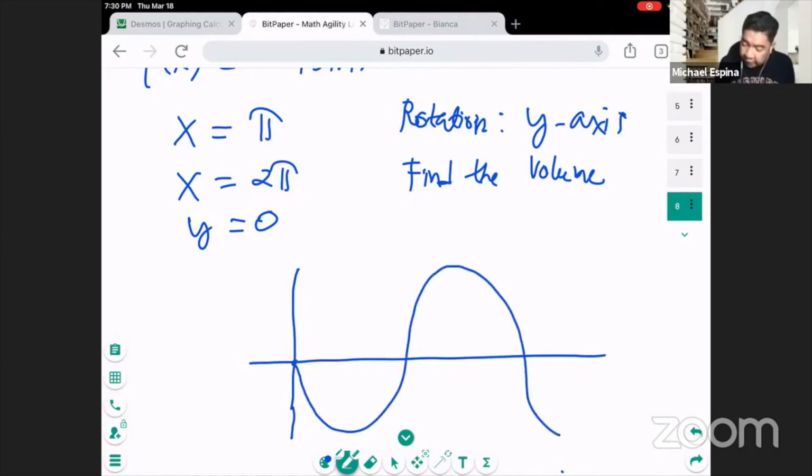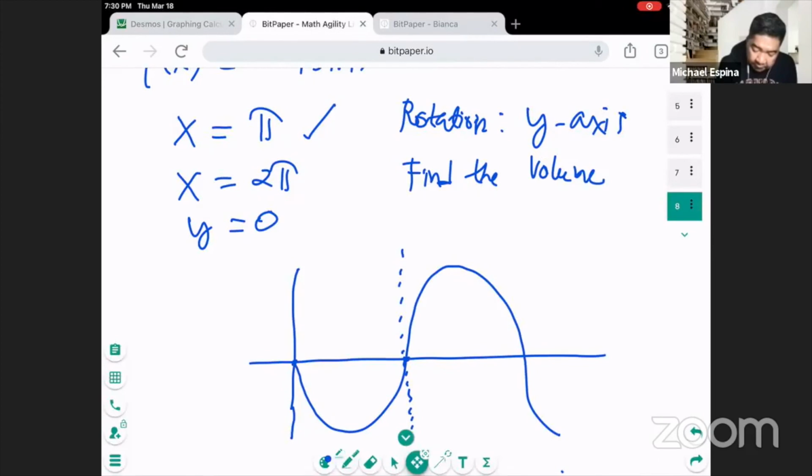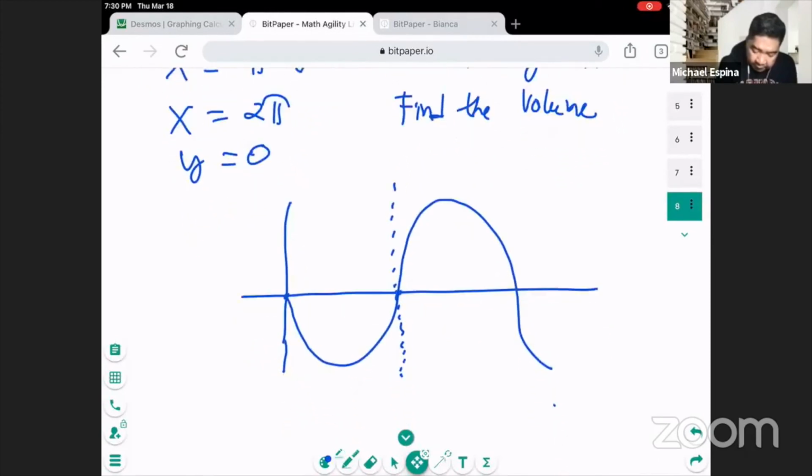At pi it is also 0. So this would be your pi, which is also given as a boundary. Let's draw the line here: x equals pi, and then the other is x equals 2 pi, which is at this boundary here. So that is one period of a sine wave.